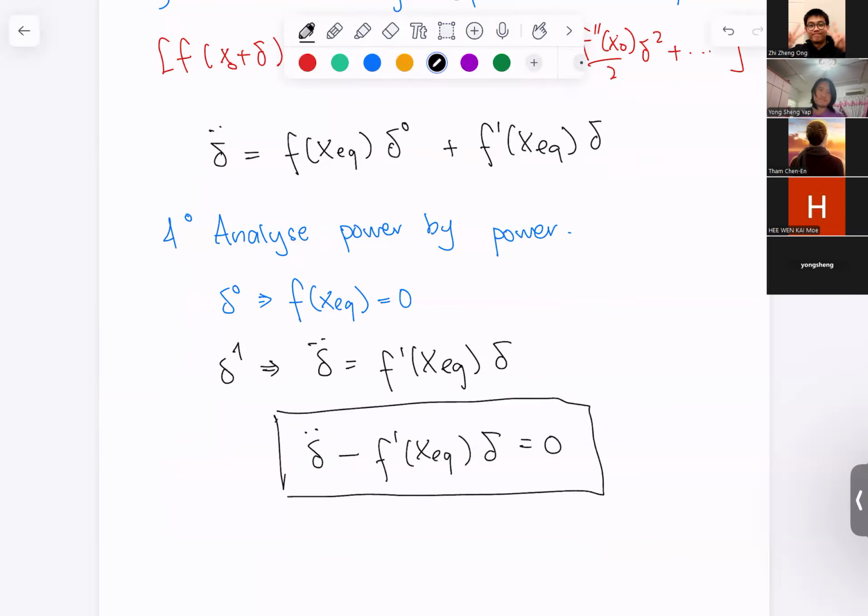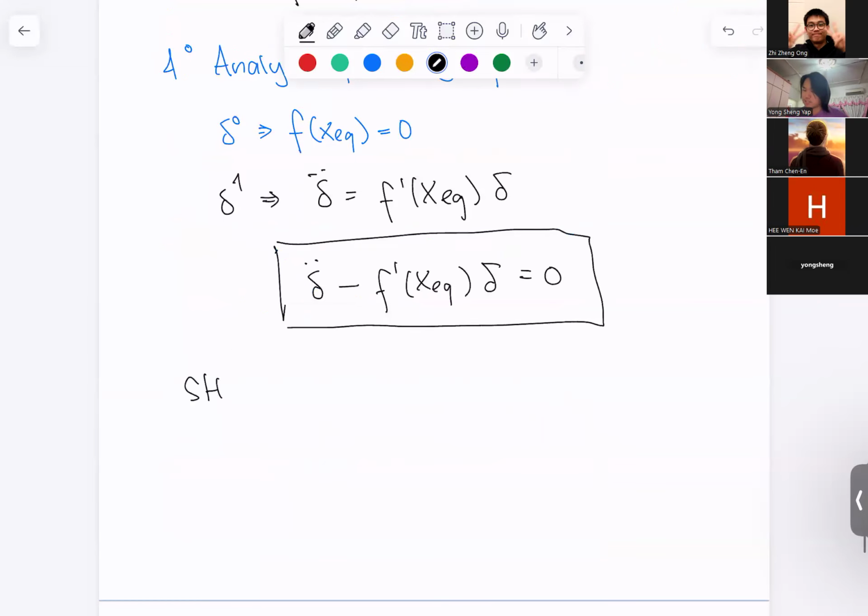Here's an interesting thing. The simple harmonic oscillator equation is delta double dot plus omega squared delta is equal to 0. It's a little bit different here. In the most general case, the equation of motion is delta double dot minus f prime of x eq delta. There are two situations here.